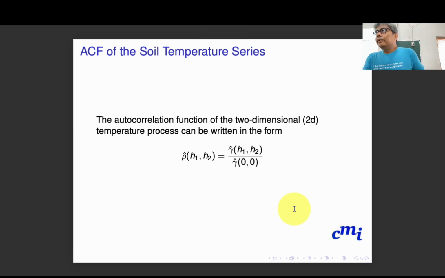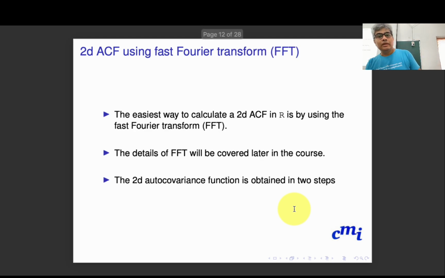Similarly, you can compute the autocorrelation matrix by taking the lag (0, 0) value from the autocovariance function, which gives you the variance, and dividing the autocovariance value by the variance value. It will give you the autocorrelation value for H1, H2 for a two-dimensional series.